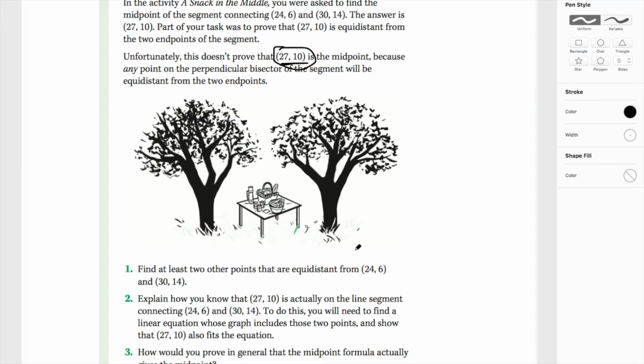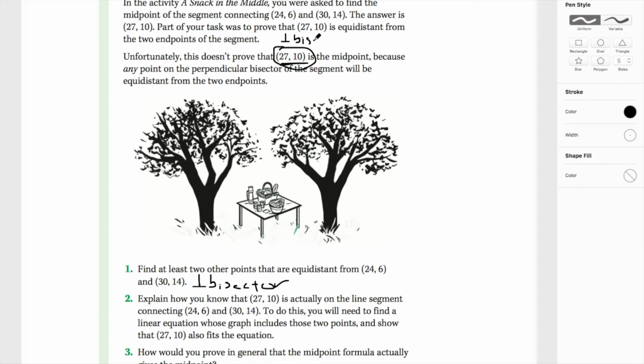So where my brain goes with this one, this might be the hardest question on here, 2 other points that are equidistant from (24, 6) and (30, 14), means find more points that are on the perpendicular bisector. So this is a tricky question, because we know that (27, 10) is on the perpendicular bisector.